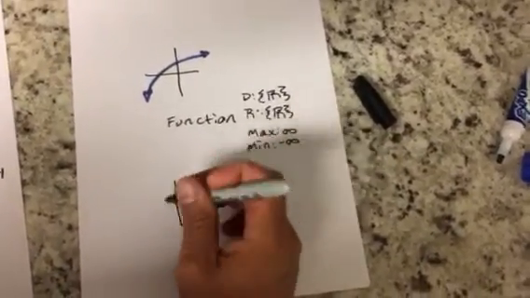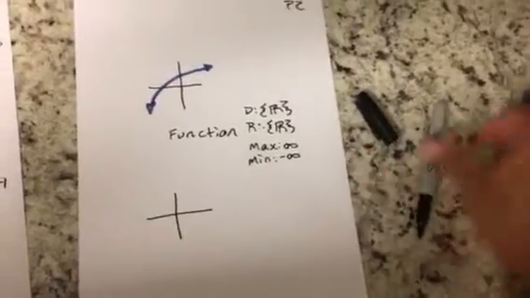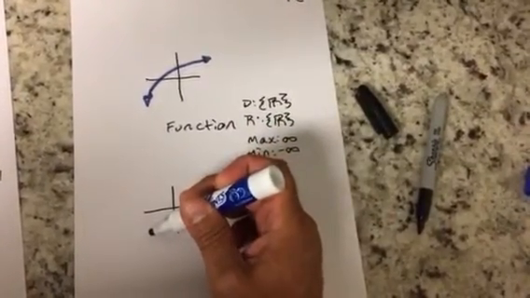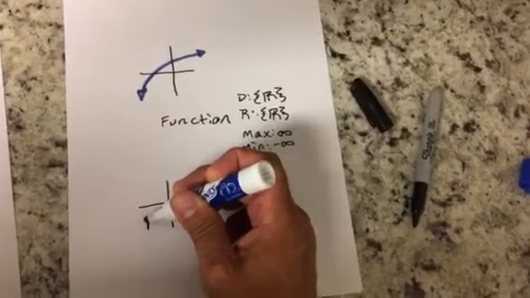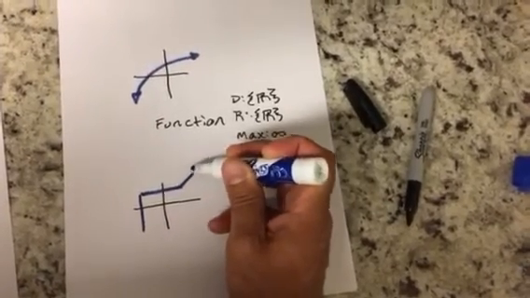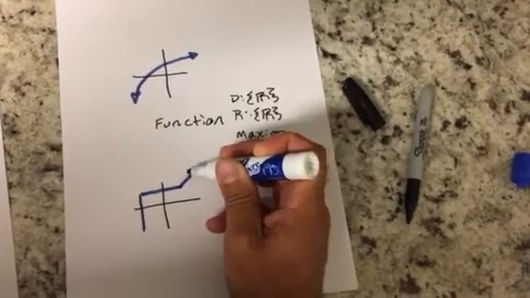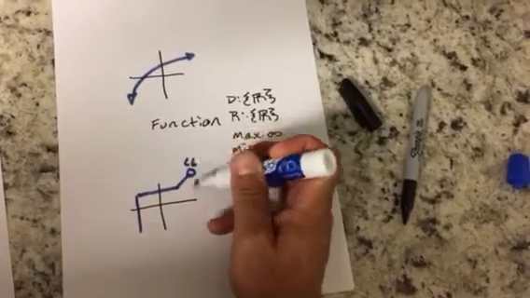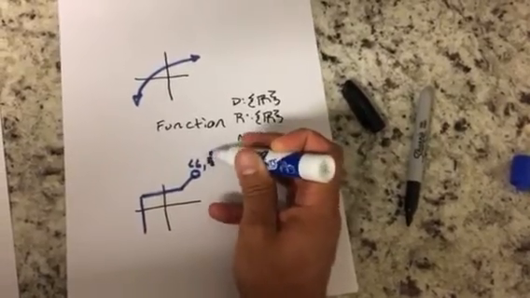One that looks like a relation is going to cross twice at the same time. So if I have something like this, I'm going to say that this point is 6 on the x and 5 on the y.